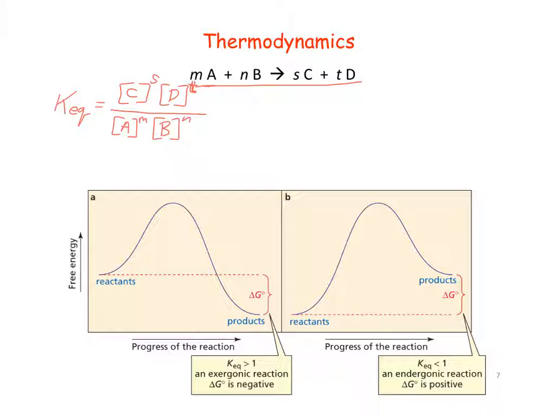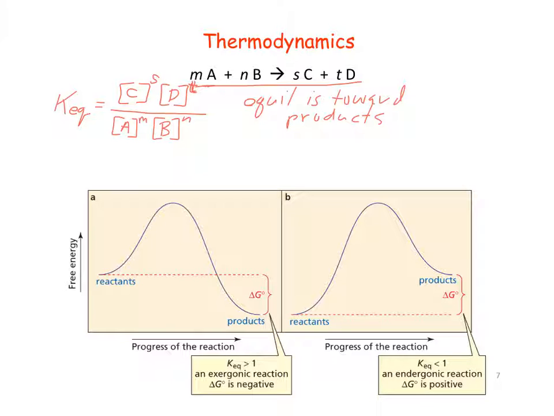We can say that if the reaction lies more toward the product side, so if the equilibrium is toward products, what can we say about the equilibrium constant? Right?